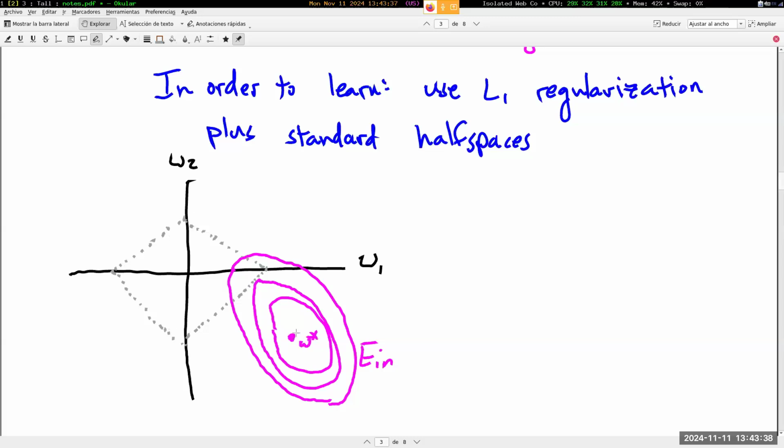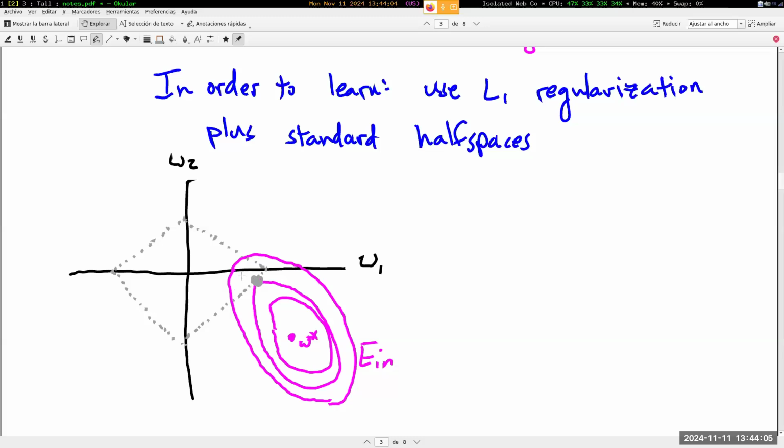So this W star out here, we in particular cannot select this point exactly because we have to be inside of this diamond shape right here. And so the point that's going to minimize this shape is this point right here. Inside of this diamond, the point that minimizes E sub n is this point right here.